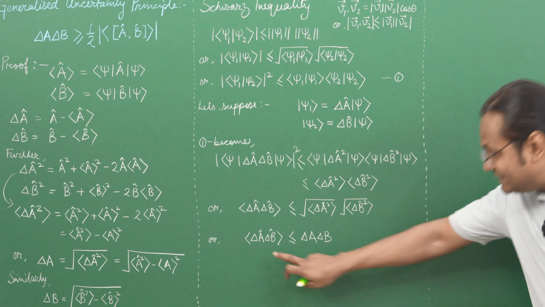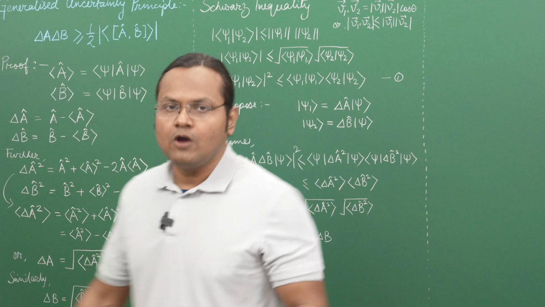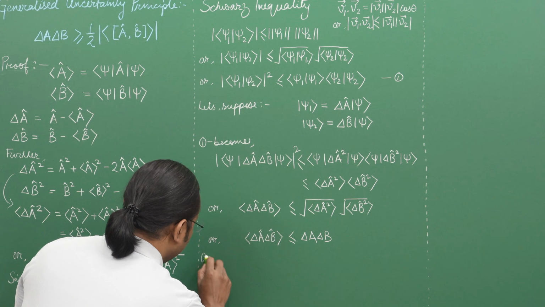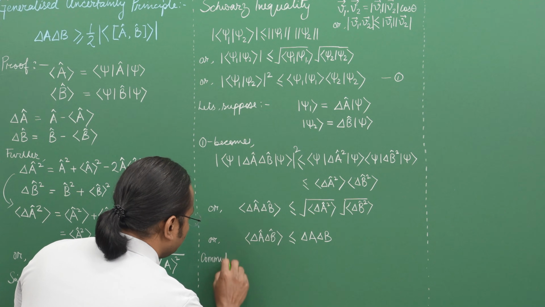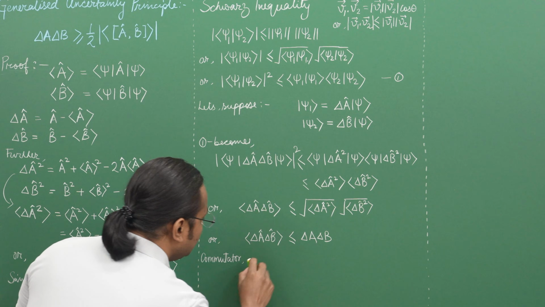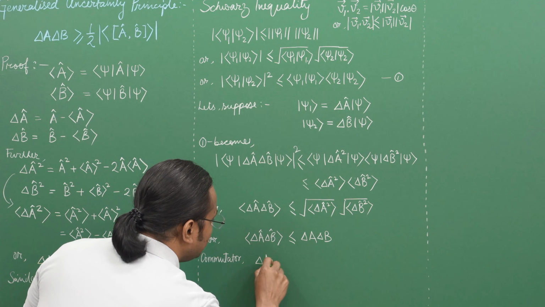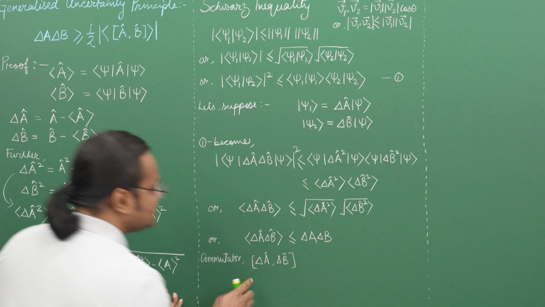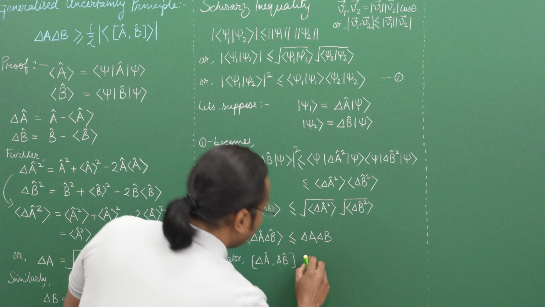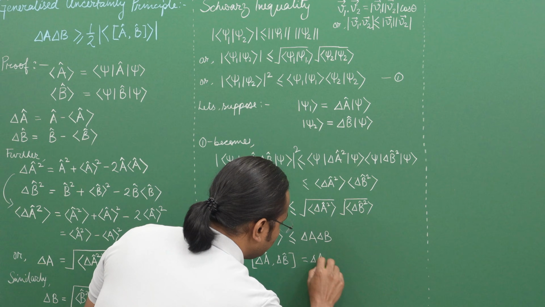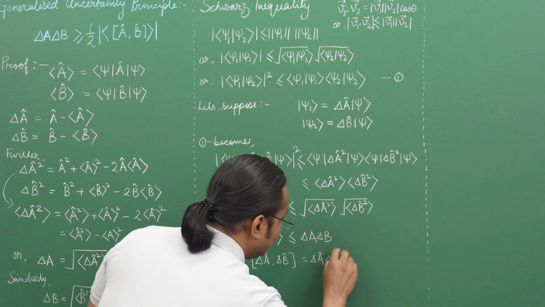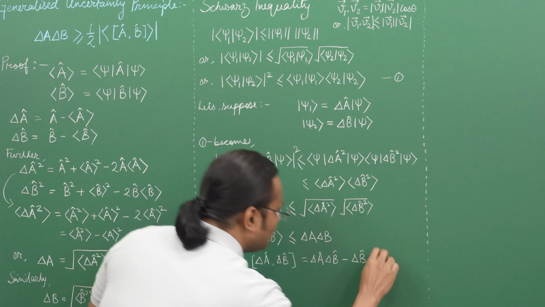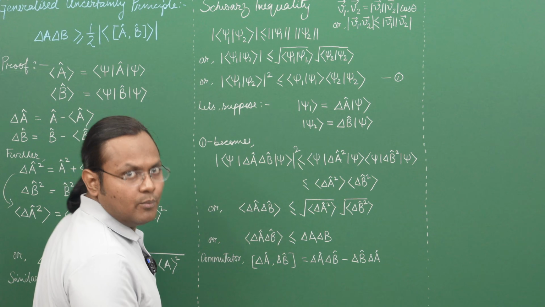So to simplify this expression, I am going to use the concept of a commutator of these quantities. You are familiar with the fact that a commutator of, let's suppose, A and B is, so in a similar fashion, the commutator of del A and del B is simply equal to del A del B minus del B del A. Whenever a commutator is equal to 0, we say that the operators commute.